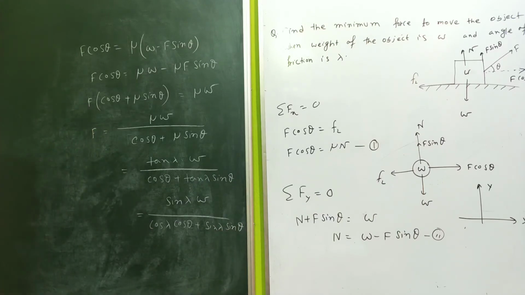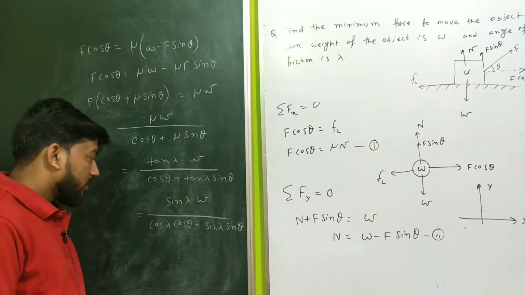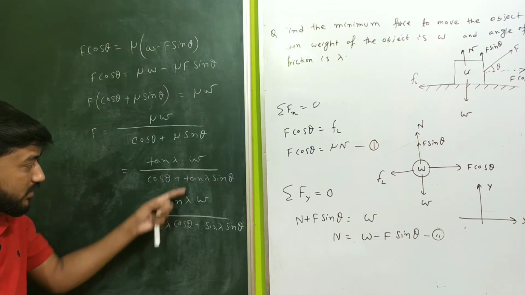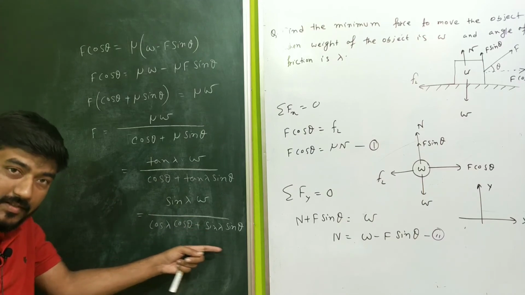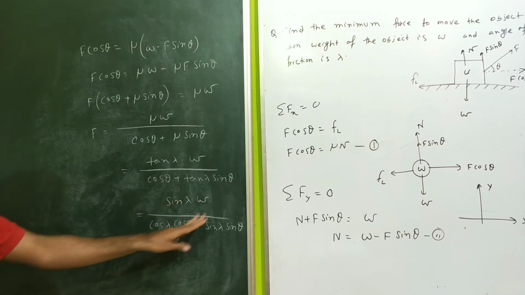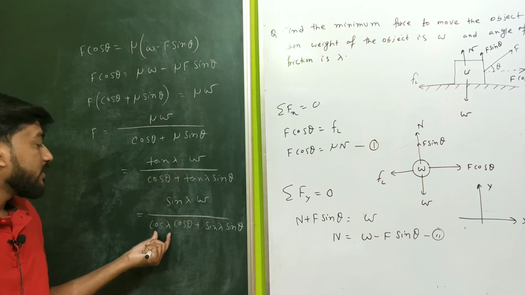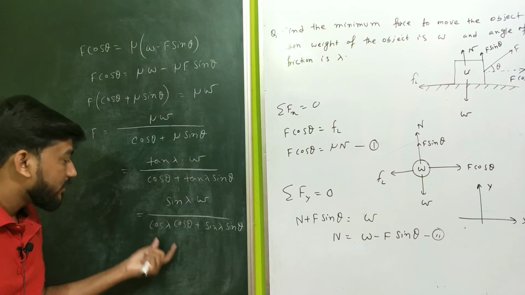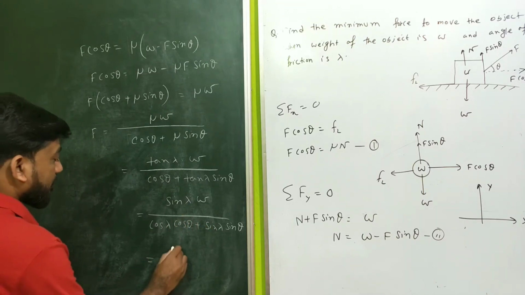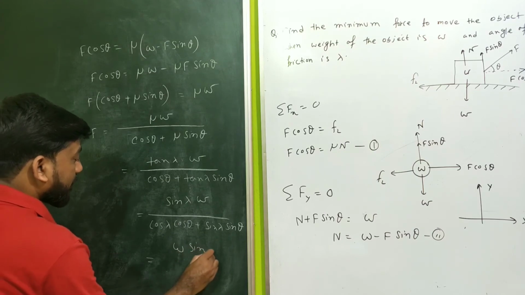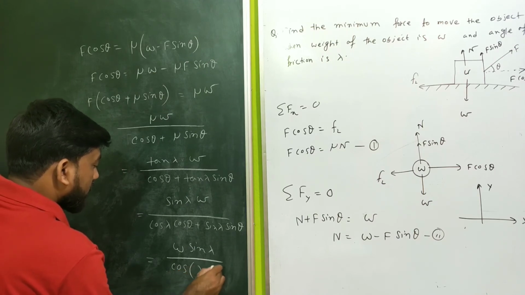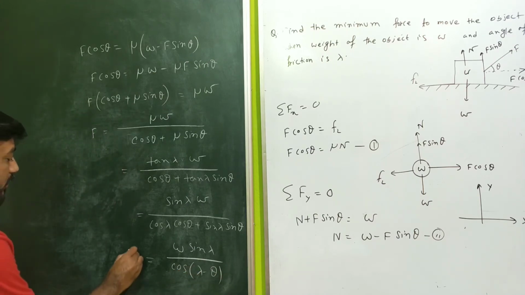In the numerator it was sin lambda over cos lambda, and in the denominator also, so the LCM was cos lambda, so cos lambda will be cancelled out. So it will be sin lambda into W divided by cos lambda cos theta plus sin lambda sin theta, and this is cos A cos B plus sin A sin B, which is cos of A minus B. So you will get F as W sin lambda divided by cos of lambda minus theta, and this is your F.